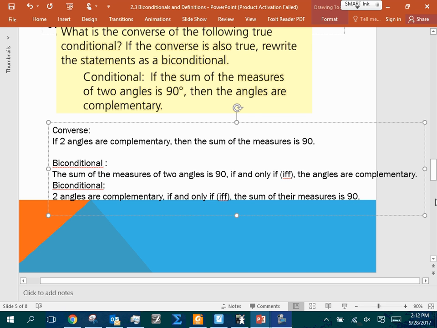Because they're biconditionals, you can read it left to right and gain a true statement, or you can read it right to left and gain a true statement, right? If I read those two biconditionals left to right and right to left for both of them, do I develop the exact same two true statements? Yeah. Okay?